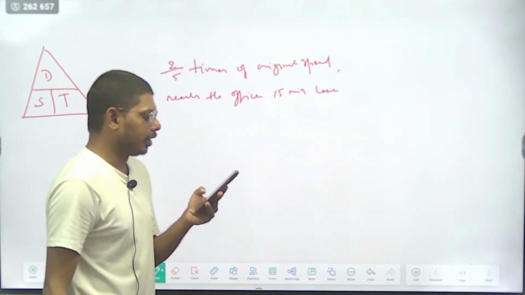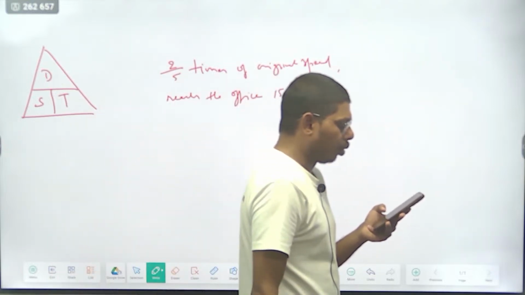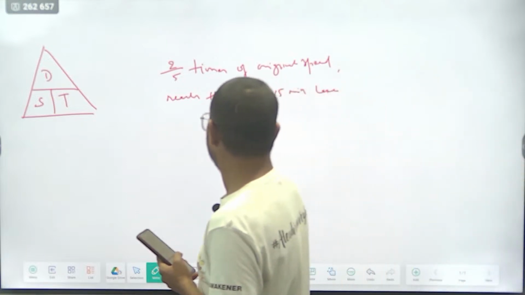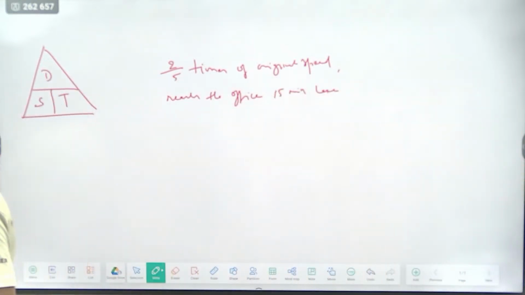Then the time taken with his original speed is how much? If a man travels at 2 by 5 of his speed, he is late by 15 minutes. Then what is his actual speed?